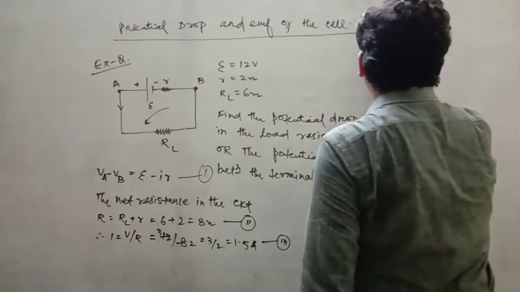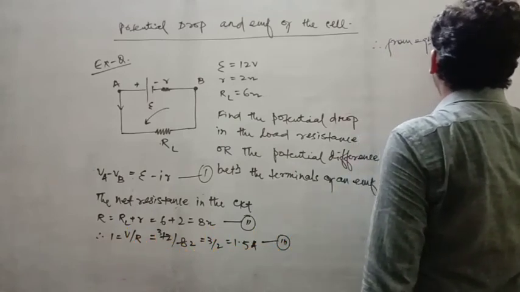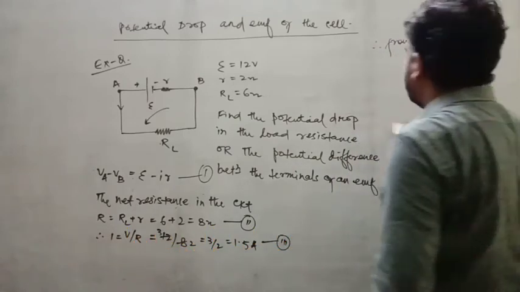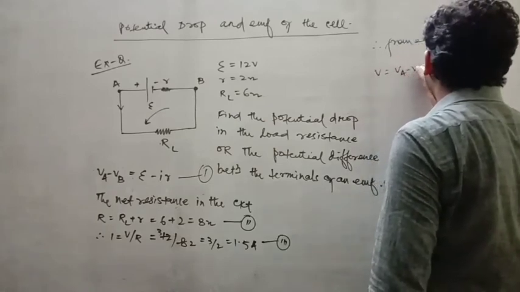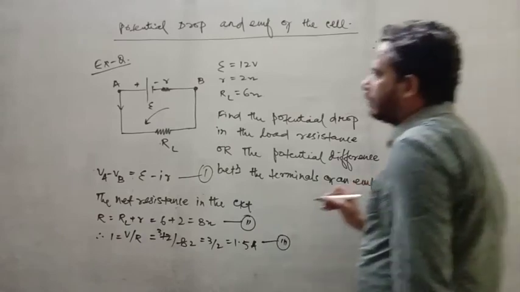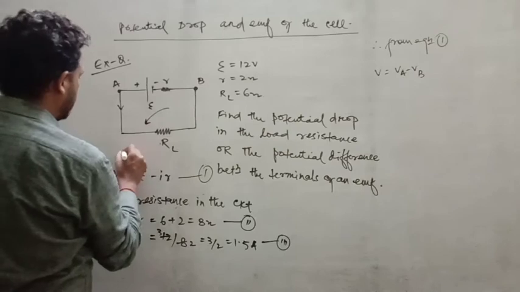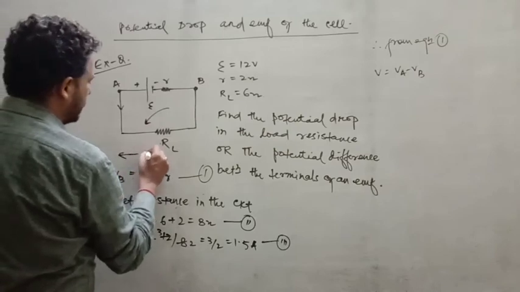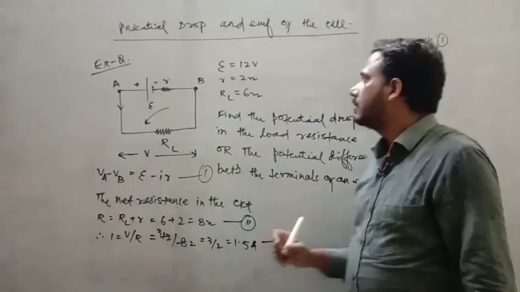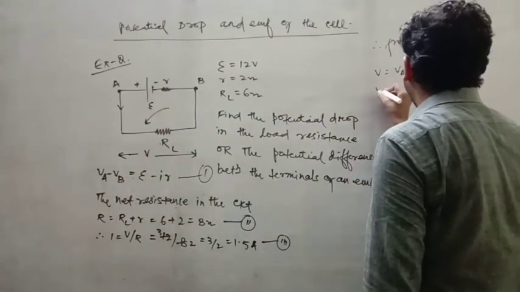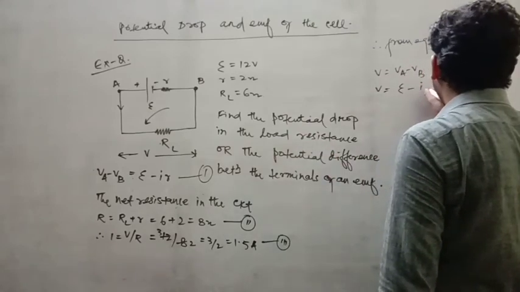Therefore from equation 1, let V be VA minus VB. You can also find this like this, there is V, which is equal to the EMF of the cell minus IR.